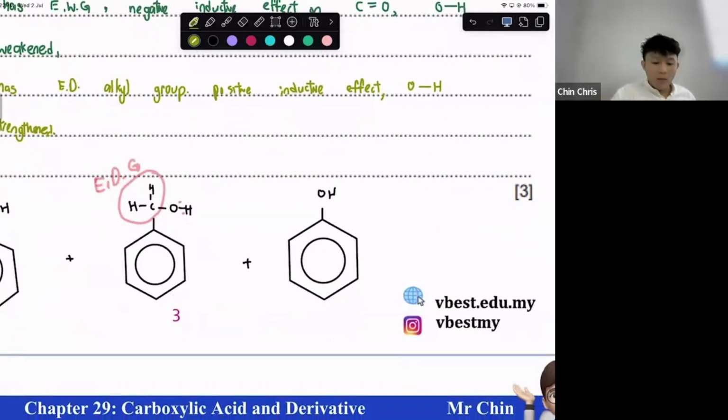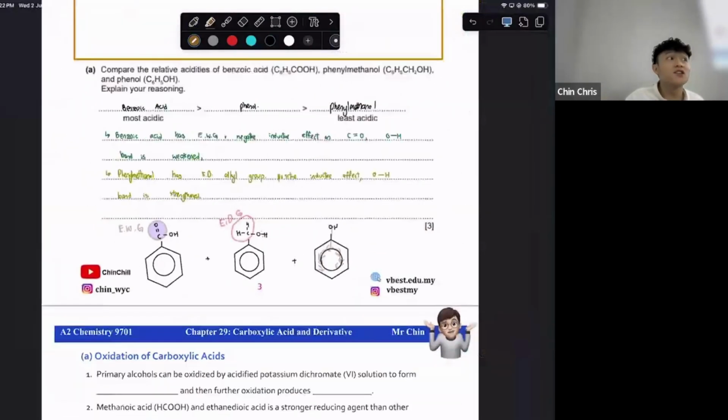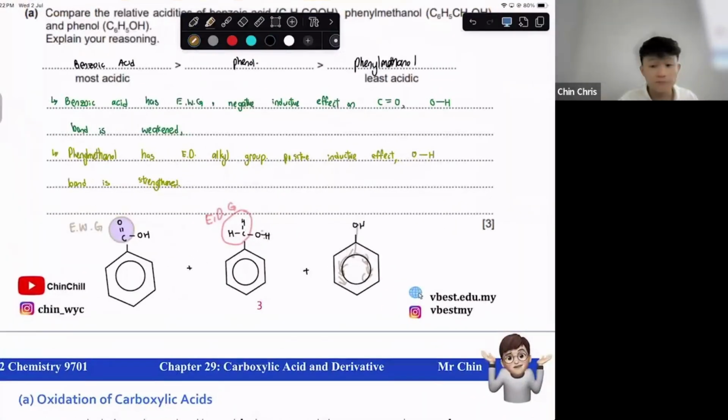Go into the ring. It doesn't have an electron withdrawing group. The lone pair on oxygen is delocalized into the pi ring system, weakening your OH bonding. Well done. Good job.